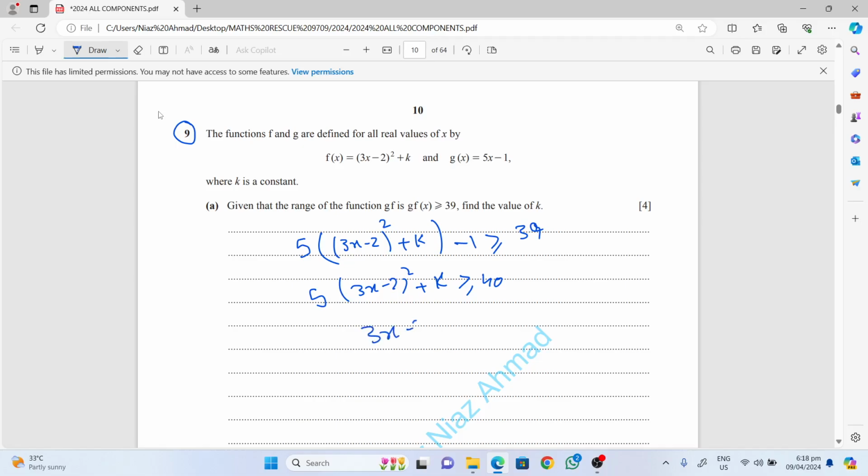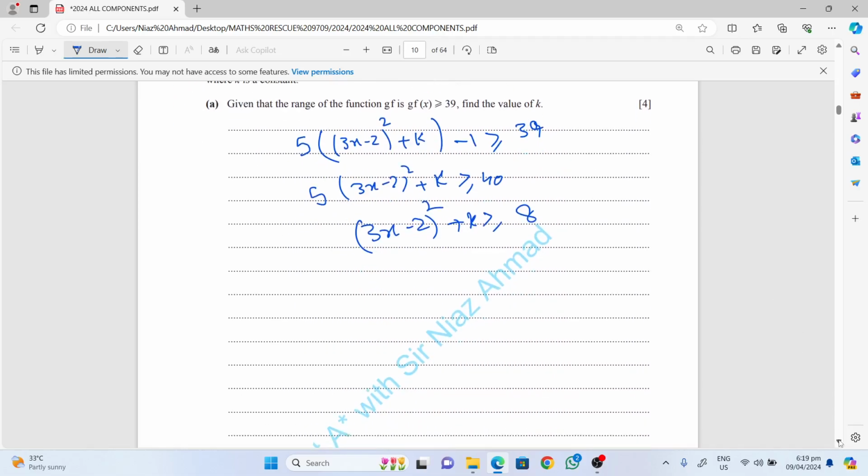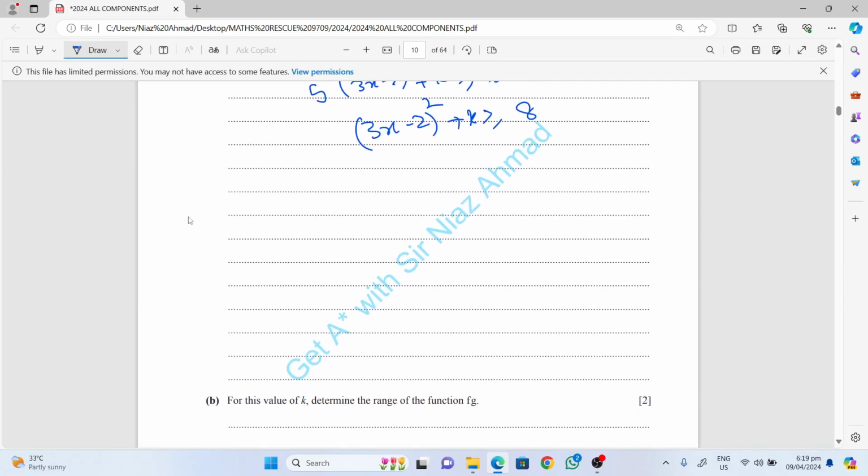So that is (3x minus 2) whole square plus k greater than or equal to 8, for all real values of x. For all the values of x, (3x minus 2) whole square is greater than or equal to 0.